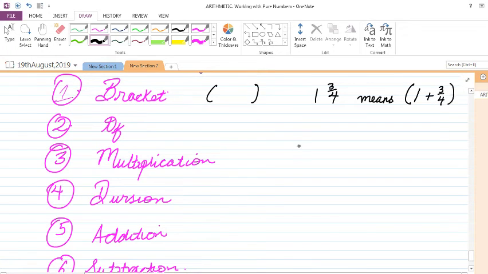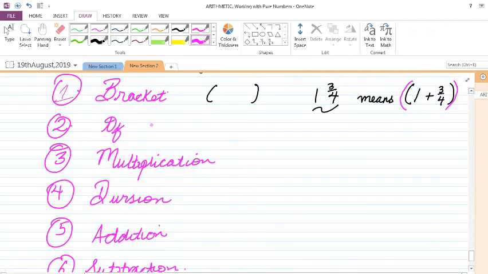Whenever you see a mixed number written like this, you can interpret it as having a bracket in it, adding the whole number part to the fractional part. Very important. So in many number problems, the first step is converting mixed numbers into improper fractions, because when you write a mixed number, a bracket is understood to be in front of it.